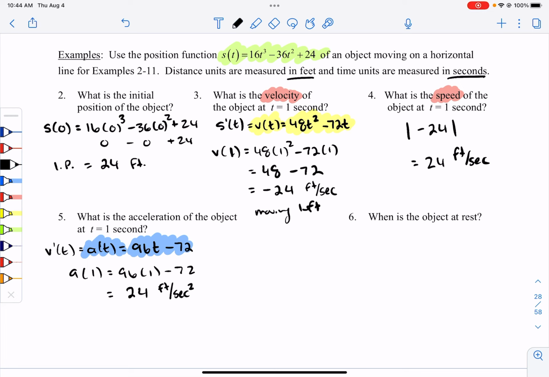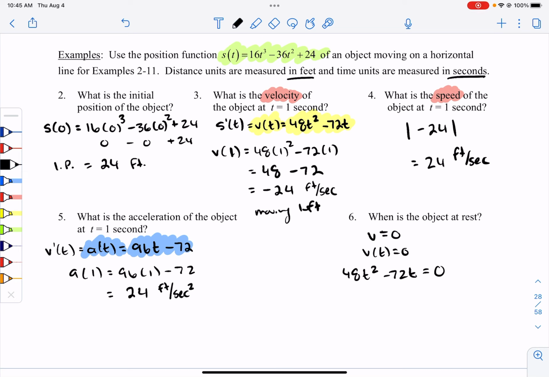So if my object is not moving, that means my velocity, v of t, is equal to 0. So I'm going to take my function, 48t squared minus 72t, and I want to know, when is that function equal to 0? When is my object stopped? When is it not moving?